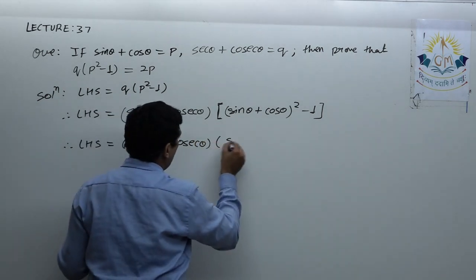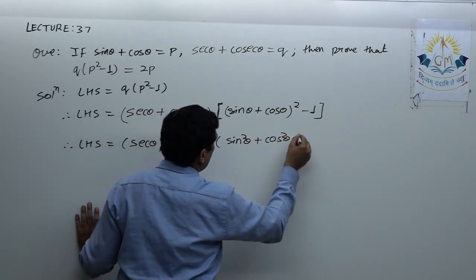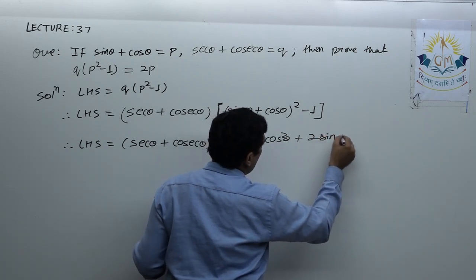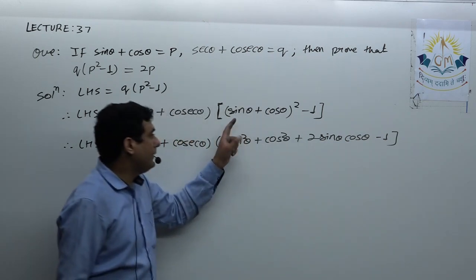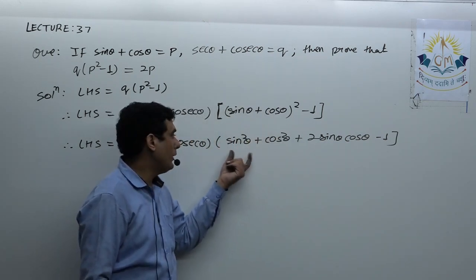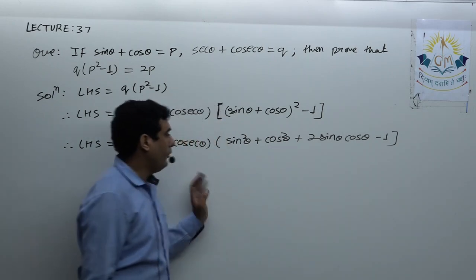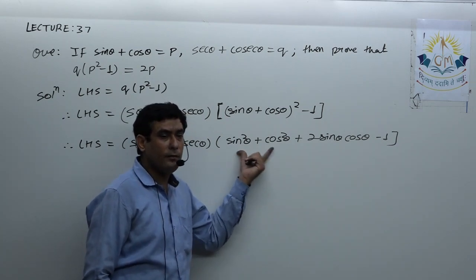Now over here I will get sine square theta plus cos square theta plus 2 sine theta cos theta minus 1. So I applied the identity of a plus b whole square, a square plus b square plus 2ab. Now if you observe, sine square theta plus cos square theta is again an identity and its value is 1.